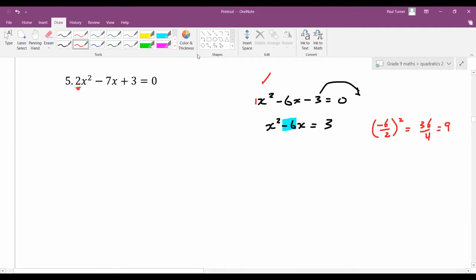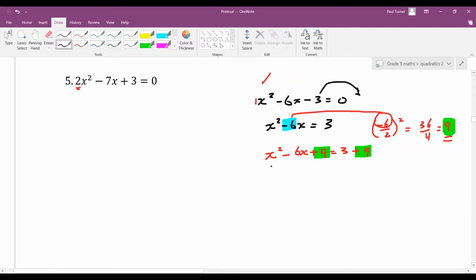So we'll add this special number to both sides. Remember, this minus 6 is here. Halve it and square it, we'll get 9. This is the number we add to both sides. So minus 6x plus 9 here, and then add it to the other side here. So that's written on both sides.